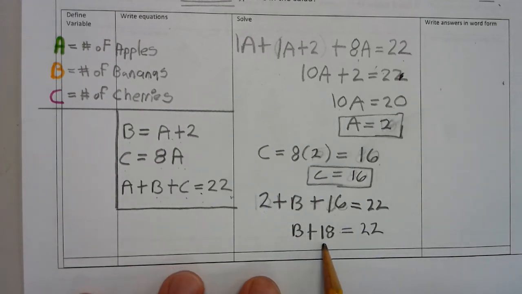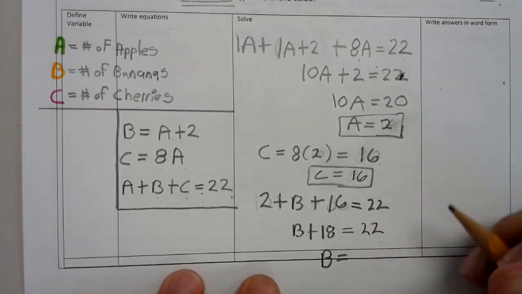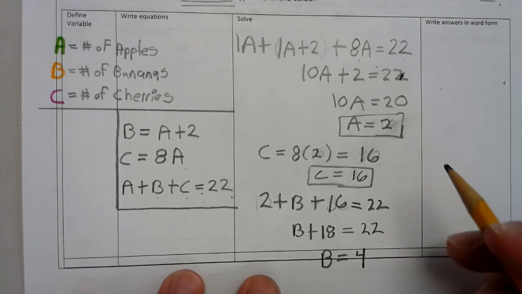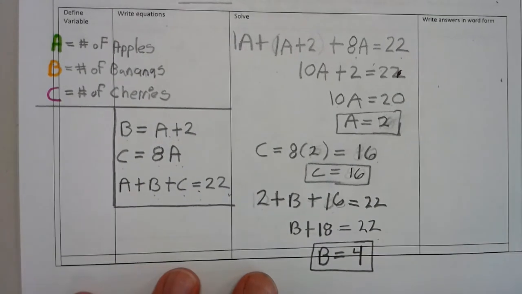So here we subtract 18 from both sides. B equals 4. Now, speaking of understanding if you made a mistake, if we made a mistake, then when we add these three numbers together, we won't get 22. But if they add up to 22, the odds of us making a mistake are very slim to none.